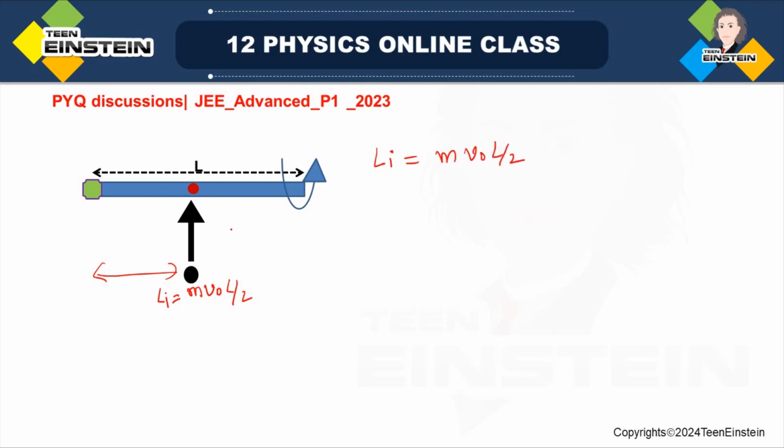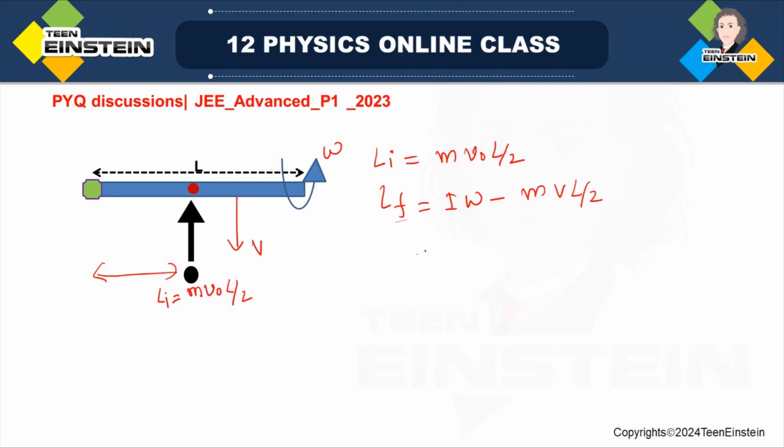What is the final angular momentum? See, final angular momentum will be due to both. For the bar I can write I omega because it is rotating with omega angular velocity, where I is the moment of inertia, and the small mass is returning back with velocity v along the same path, so I can write m v L by 2.